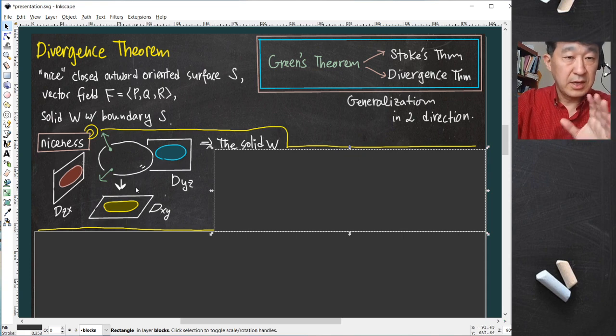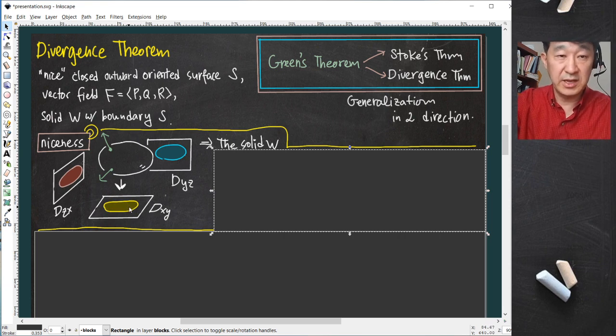So here it is. If you have a solid, we should be able to project it down over, for example, the xy plane, such that there is this region, and for each point in that region, there should be 2 points above it, one coming from the lower part of the solid and one from the top part of the solid. And you shouldn't bump into 2 different points in between.